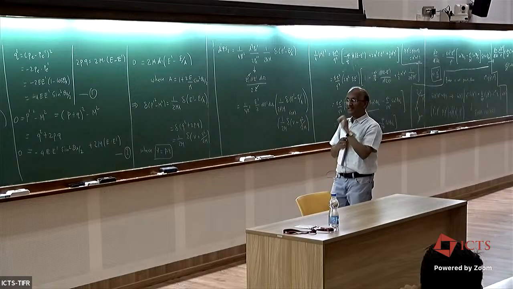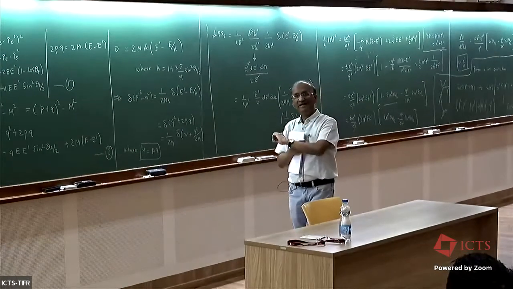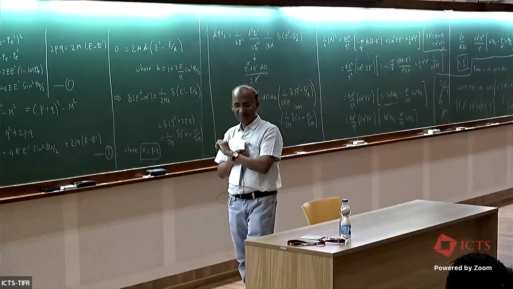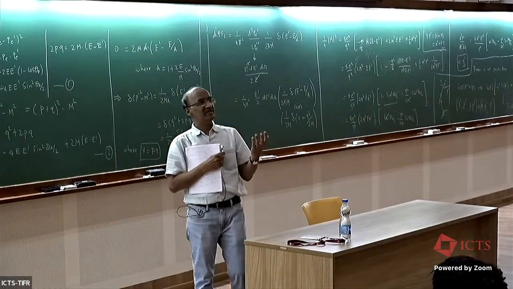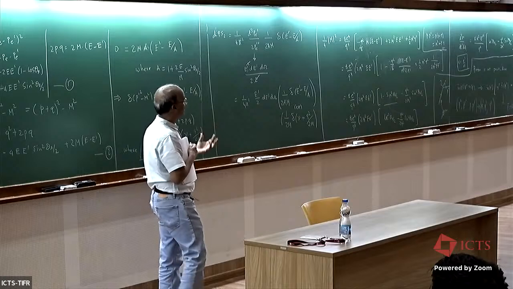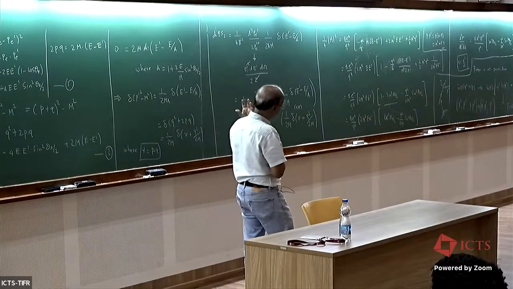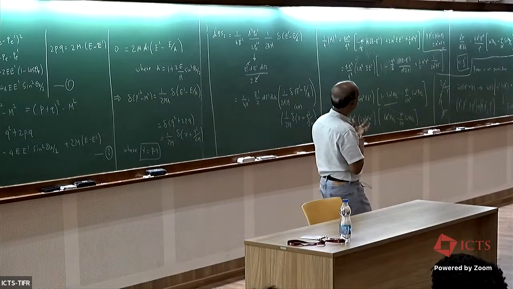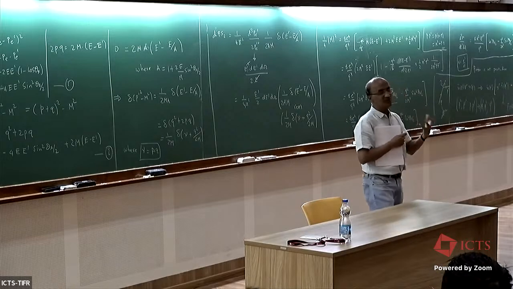By measuring this cross section and comparing against this expression, you can actually get the form of these two form factors, GE and GM, as a function of q square.